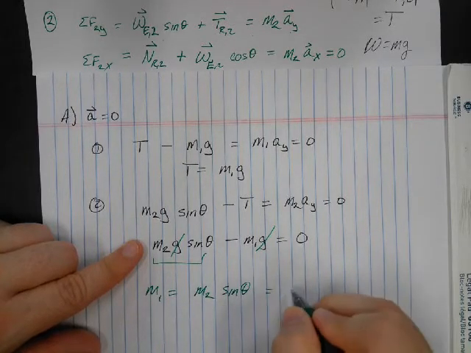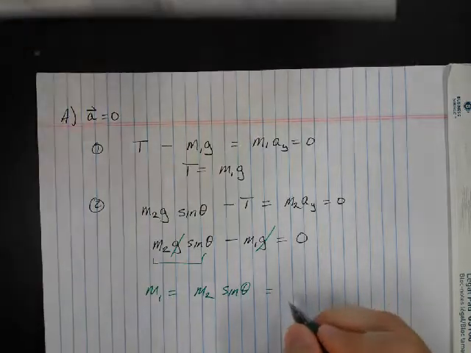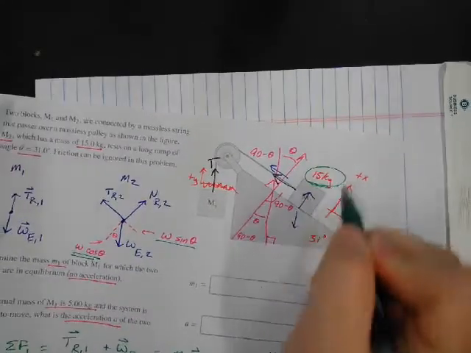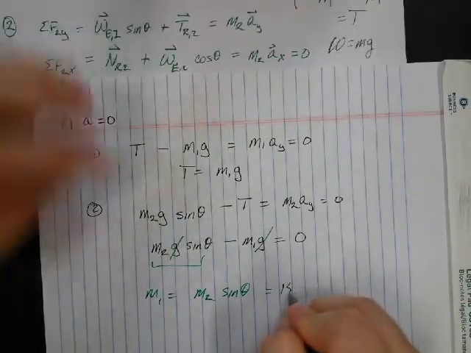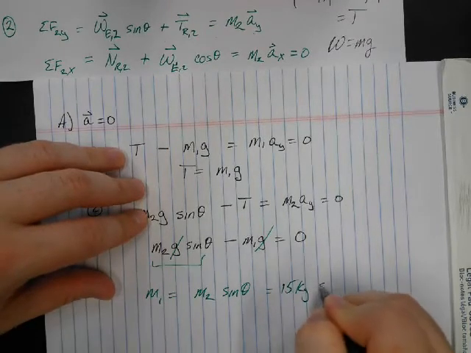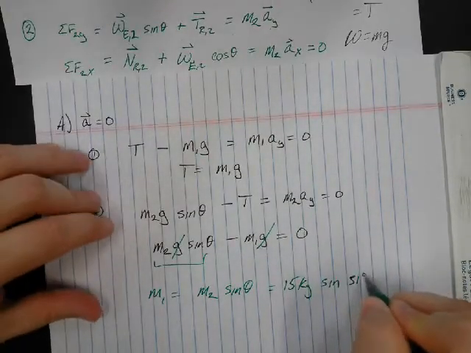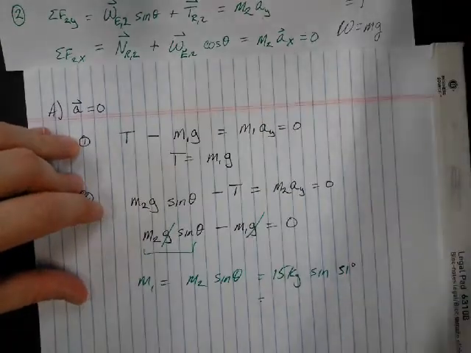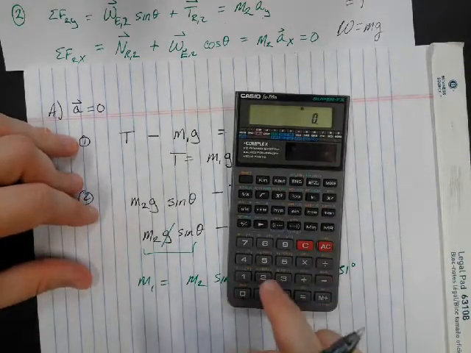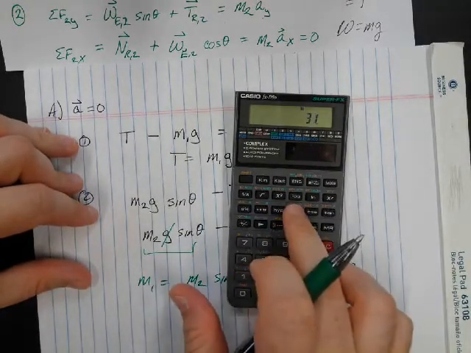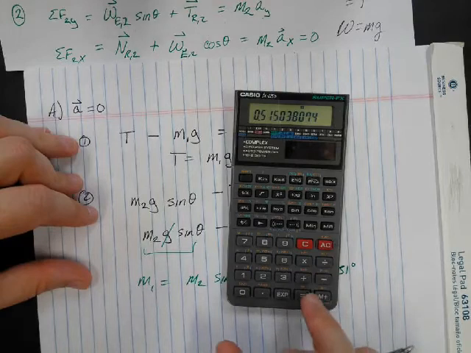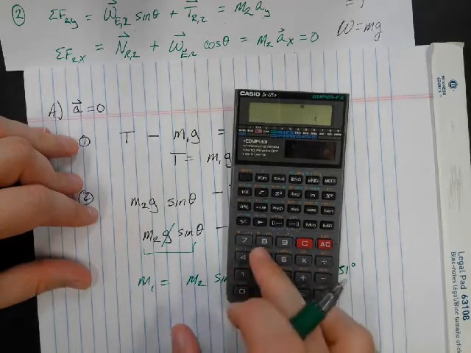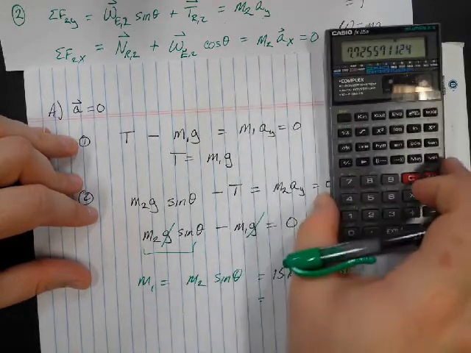And from the original statement, we have 15 kilograms times sine of 31 degrees. And that should be just over 7.5. Sine of 31 is 0.515 times 15, 7.73.